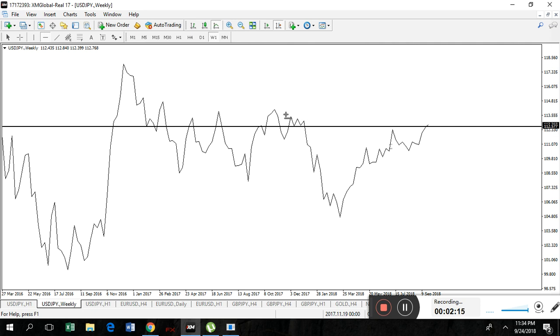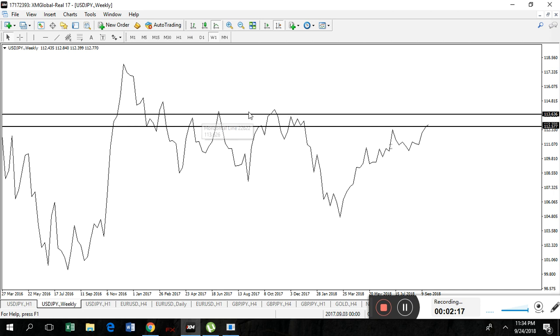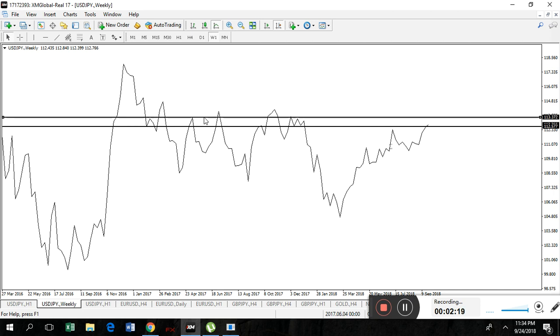Here, this zone we can call resistance because price has turned twice or more when it got there. The first time being here, turned twice here, then turned 3 times.